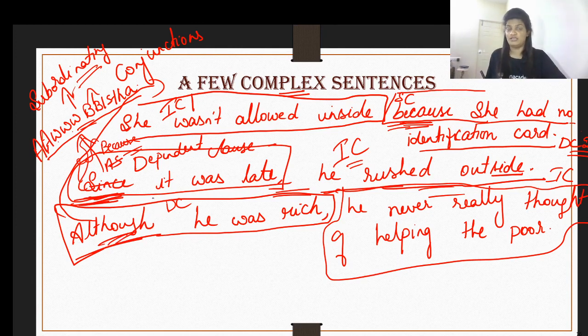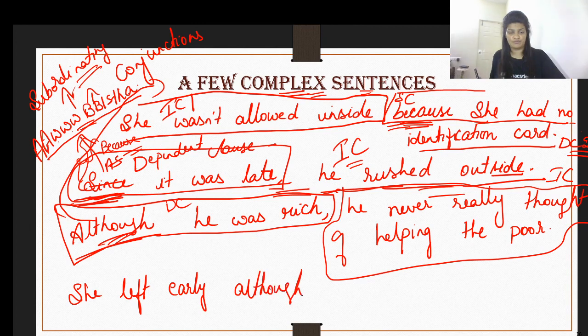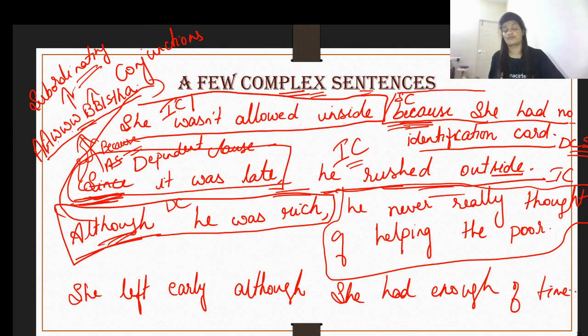When you use subordinating conjunctions in a statement and combine two clauses, those statements become complex sentences. I can give you one last example before I proceed: she left early although she had enough time.